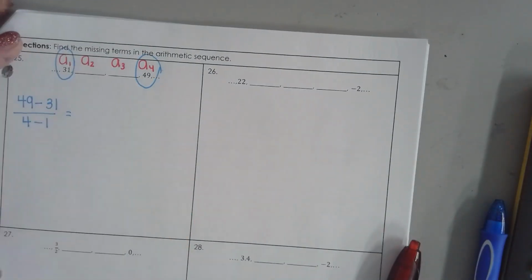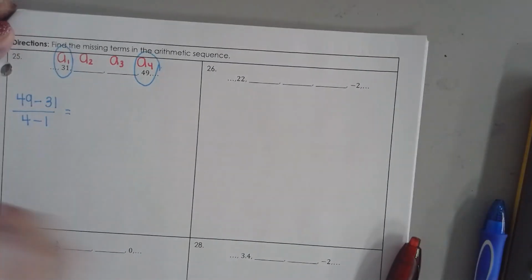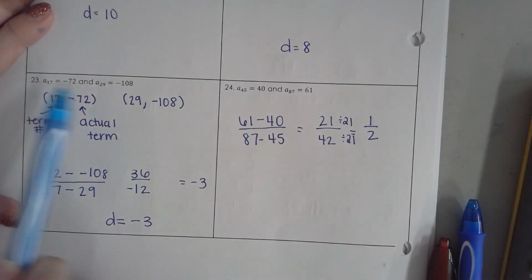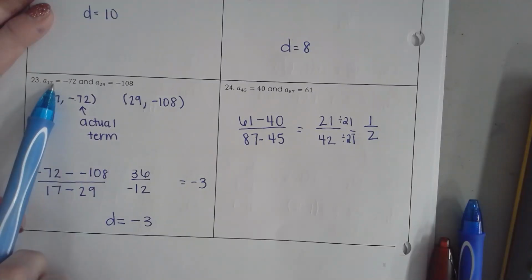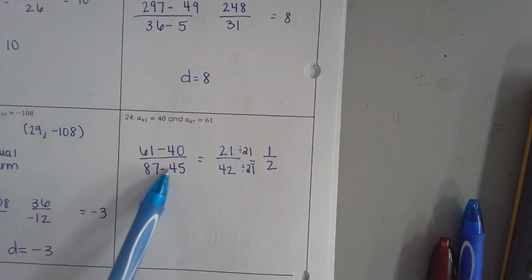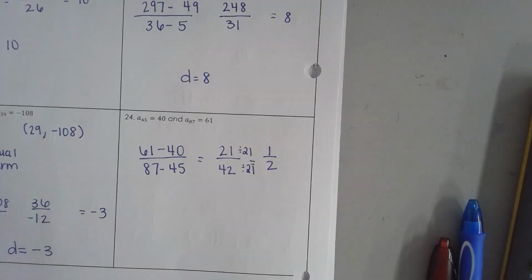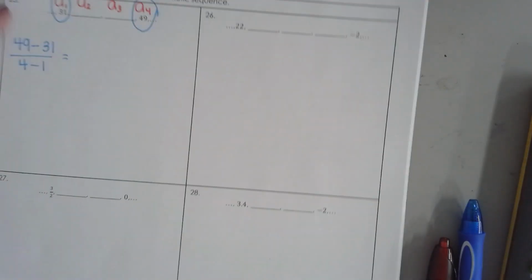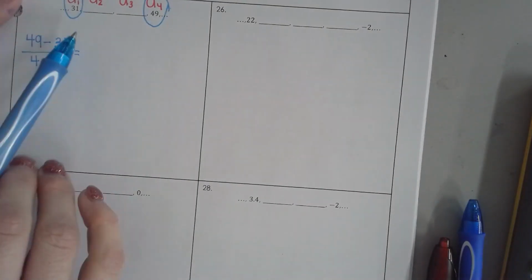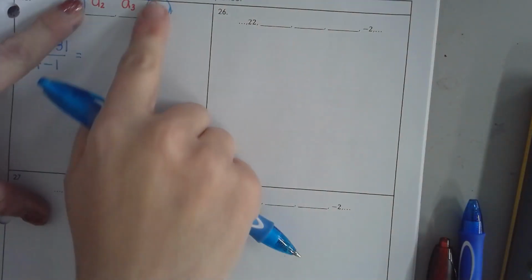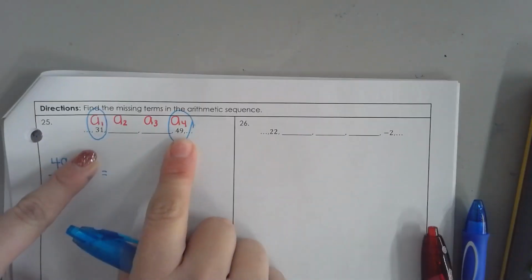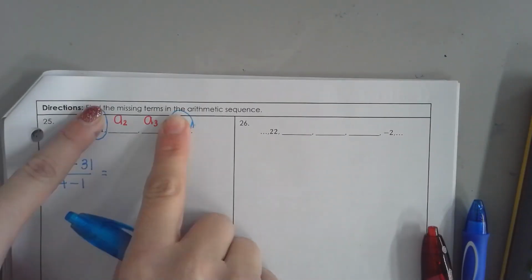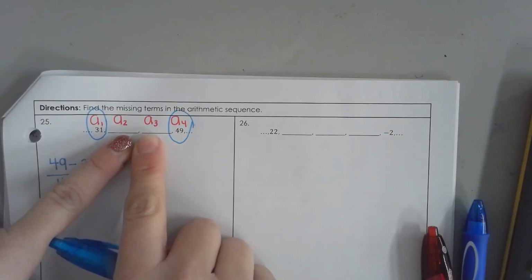Same as we did here, if this was A45, the 45th term was 40. So you basically just took 4 and 1. I picked the specific ones that I actually had numbers for. Could you have picked 2 and 3? If you had numbers for 2 and 3, yes.